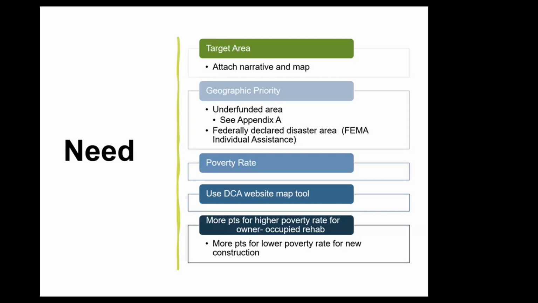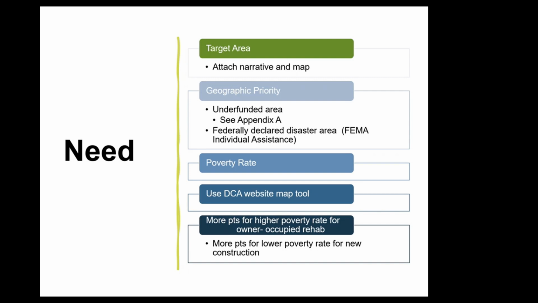Most of our grantees know that if you don't have an underserved area, if your poverty levels are higher with owner occupied, you will know immediately whether or not you have points in this area. For new construction, it's flipped.